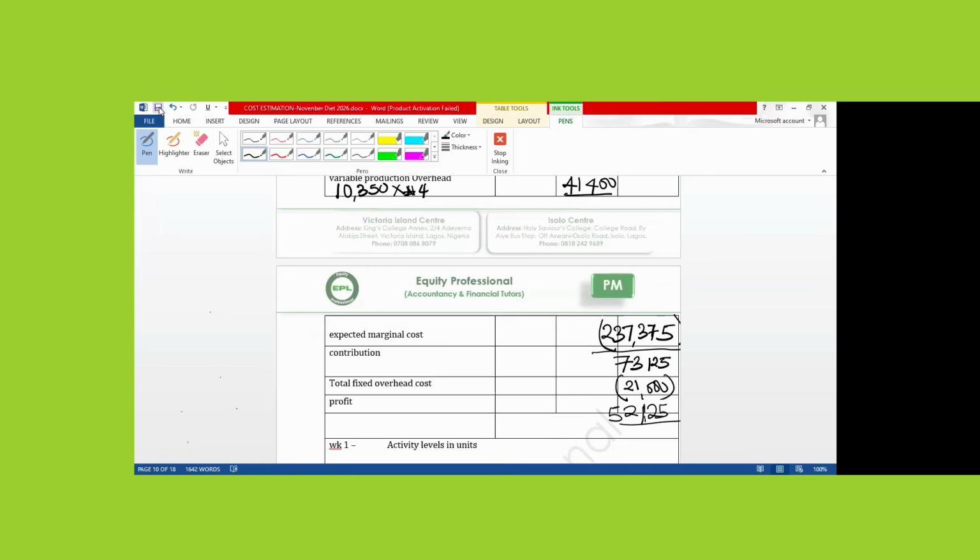On that note, let me save this first. We close discussion on cost estimation. We now move to the next topic. What is the next topic? Price theory.